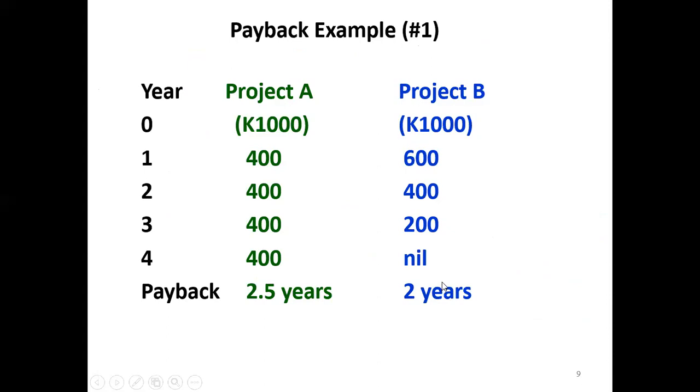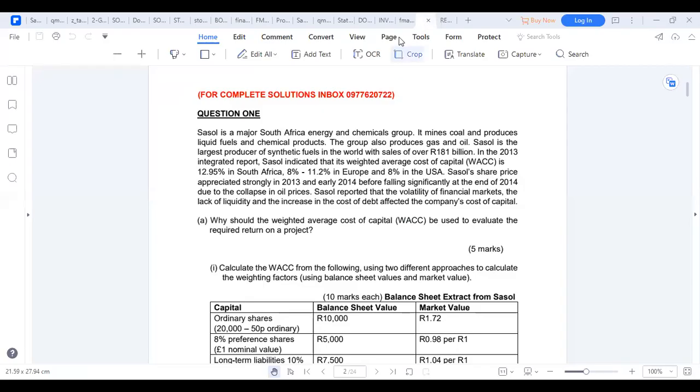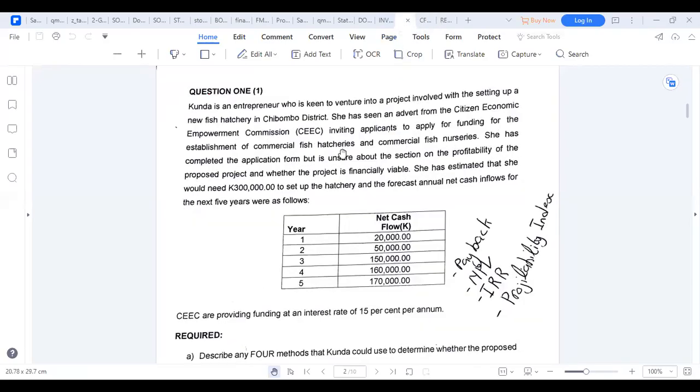All right. So on payback period, I don't want people to get confused. It's the easiest of them when we're dealing with a payback period. So I'll be moving gradually so that we look at 2 examples from our tests and our exams.